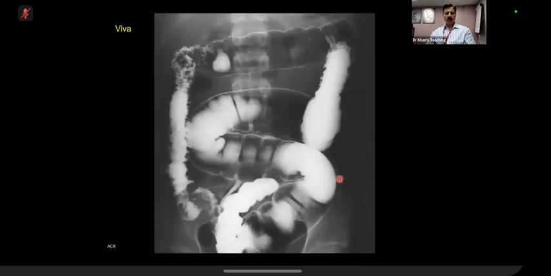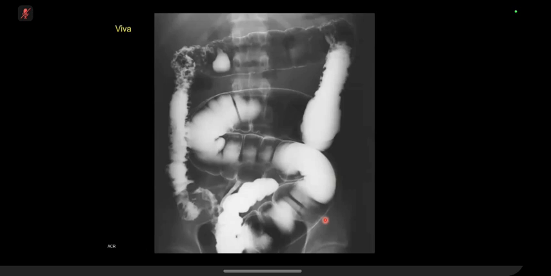Okay, over to you. This is a very good film, and I want you to describe it, so I'm going to give you time. Please describe it. So it's a double contrast barium enema spot film, which is demonstrating abnormality centered in the ascending colon, a bit of transverse and descending colon as well.